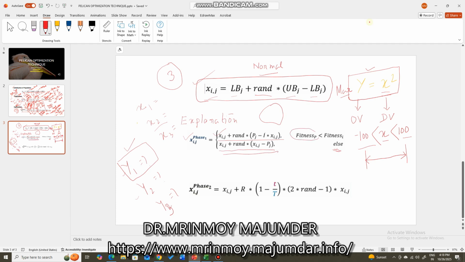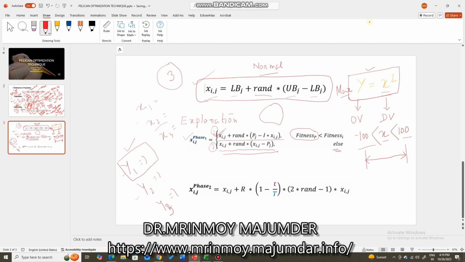They are not saying best fitness function of all the iterations. They are saying the fitness function of the bird or agent that you have identified as the bird or agent who has already identified the prey. That fitness function must be outclassed by your present fitness function. If that is the case, then you will use the first formula. If not, then you use the second one. It is as simple as that.